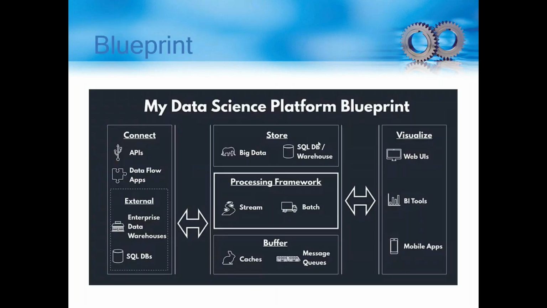For processing, there may be different types: stream processing and batch processing. What is stream processing? If the data is in the form of video or audio format, we need to process it using streaming tools. That is continuous, near real time data.